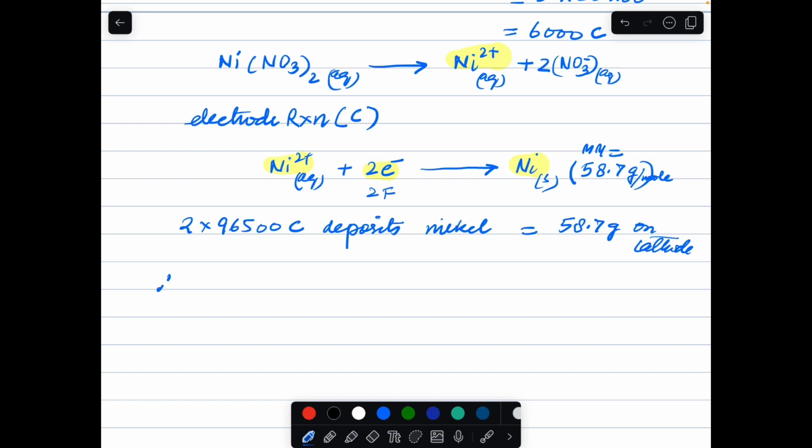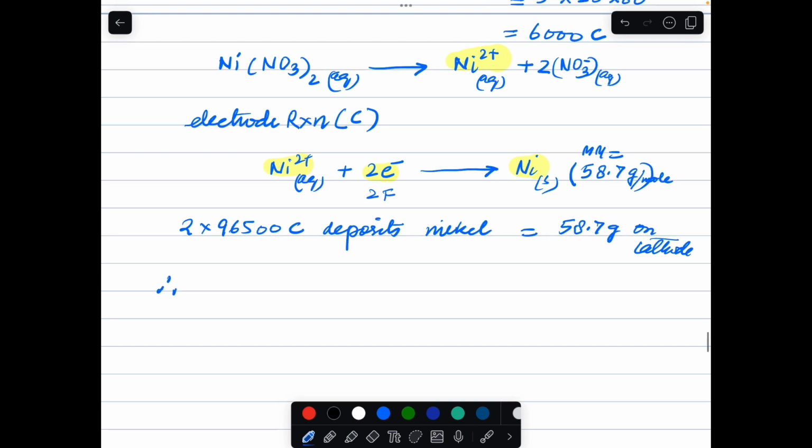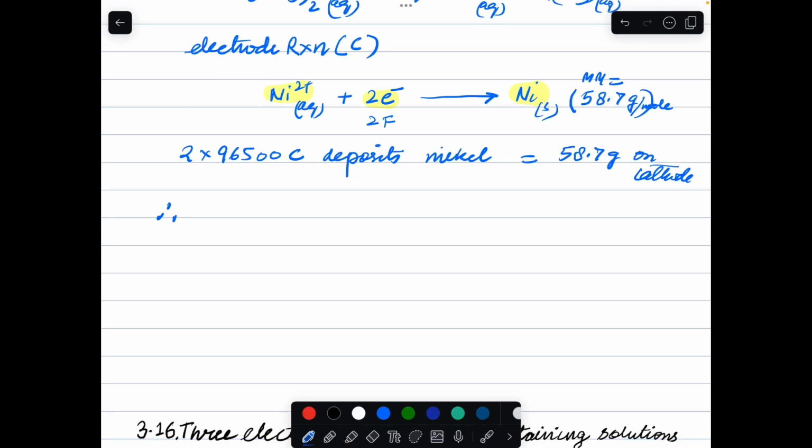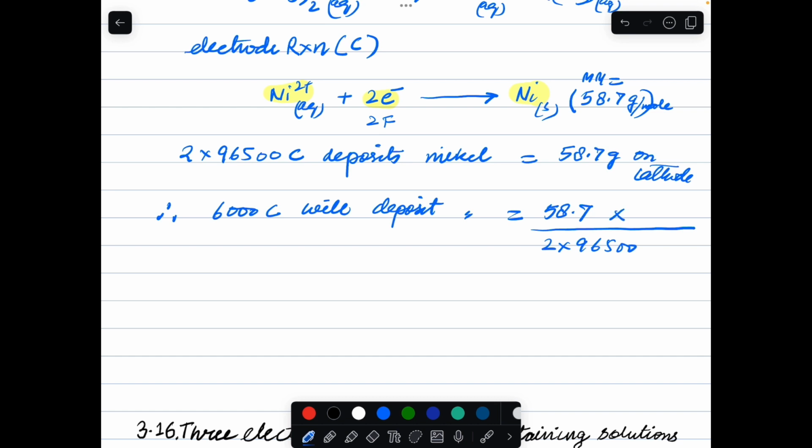Okay, so we have calculated the value of charge we are passing, 6000 coulomb of charge we are passing. Therefore 6000 coulomb will deposit nickel, and the value we will calculate as 58.7 divided by 2 into 96500, multiplied by the value for which we are calculating.